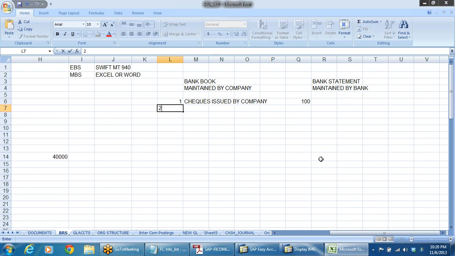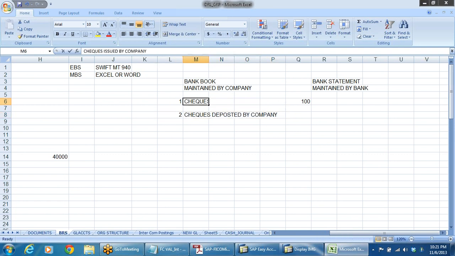Reason number two: checks deposited by the company but not credited in the bank account. Here, the first one is checks issued by the company and not debited by the bank.